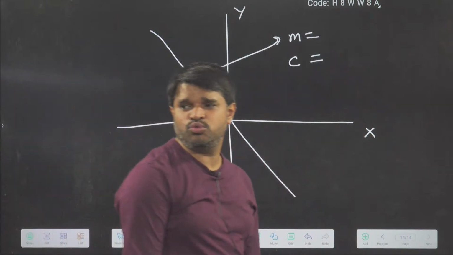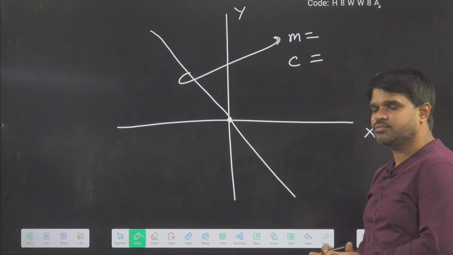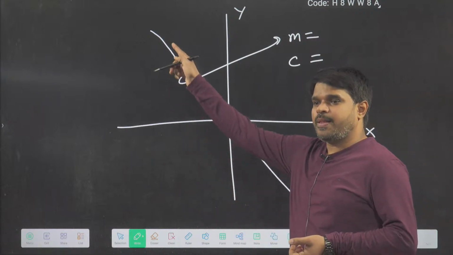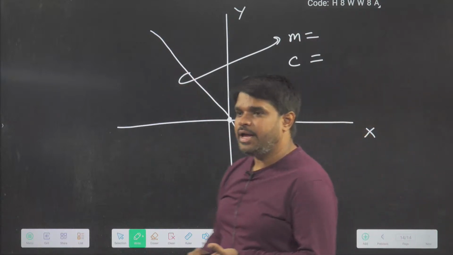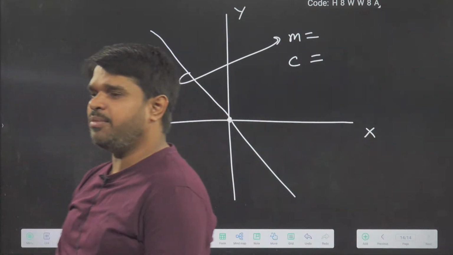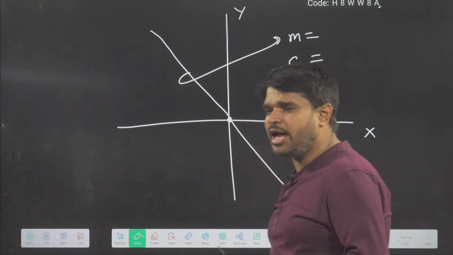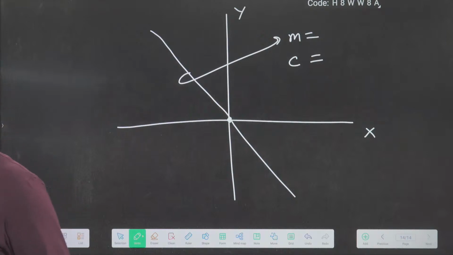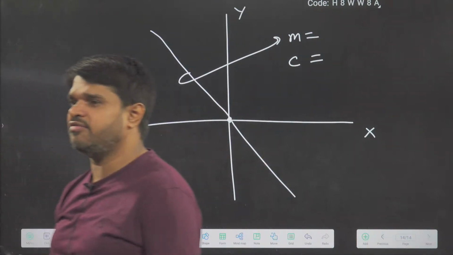M value, C value. M is negative, C is 0. Yes. M is negative, C is 0. No, M is not positive. M is negative.